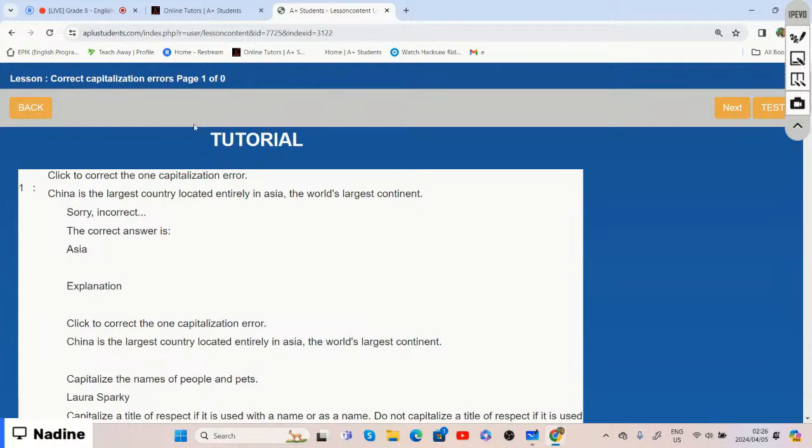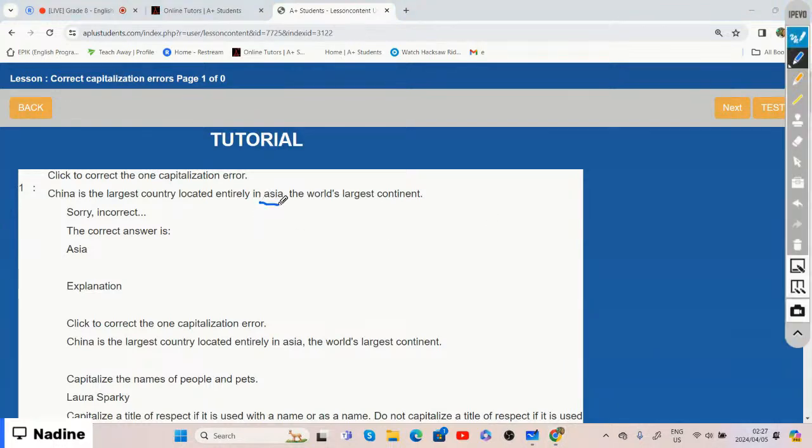We're going to click to correct the one capitalization error, right? It says, China is the largest country located entirely in Asia, the world's largest continent. We need to click to correct the one capitalization error. If we look at it, it means that we need to fix Asia.